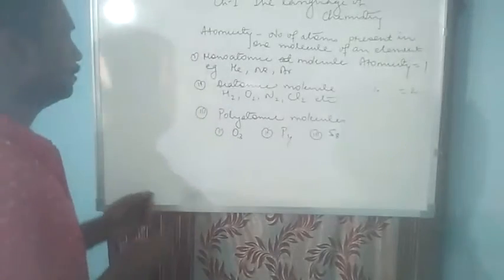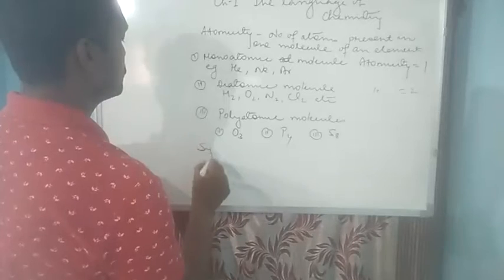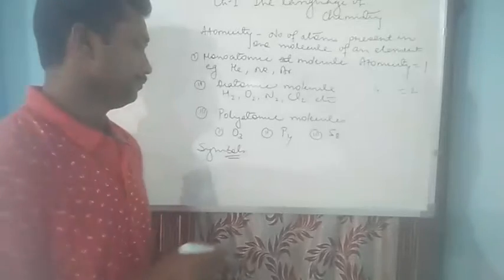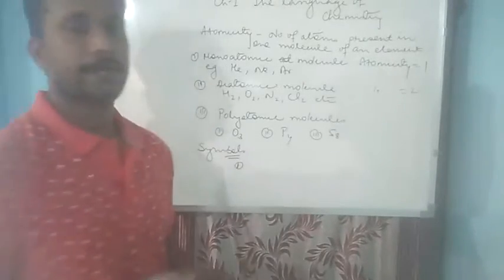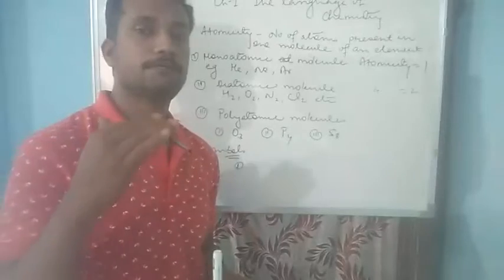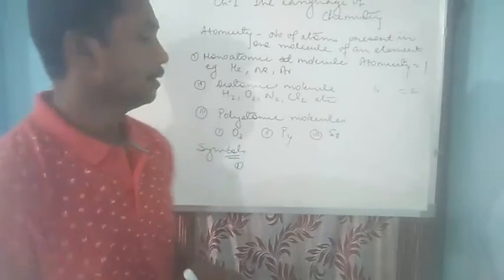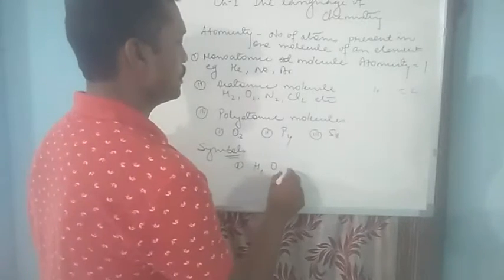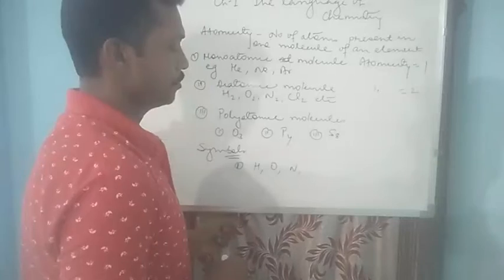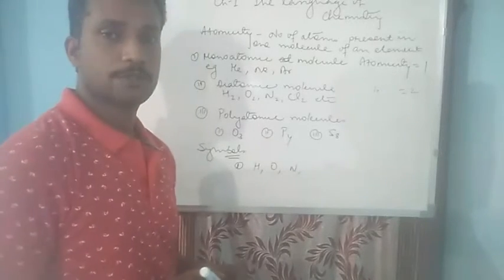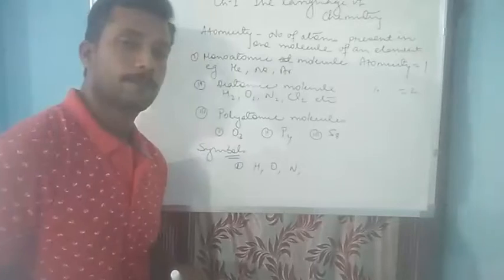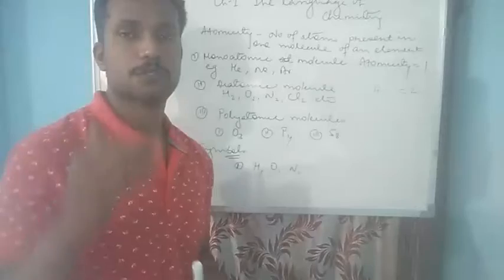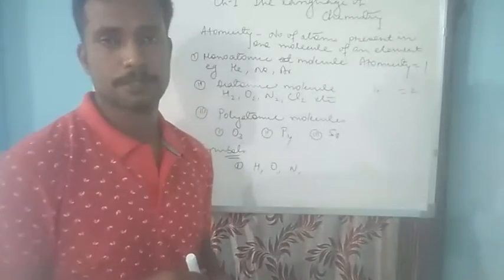Some elements can be represented by writing the first letter as the symbol, like hydrogen, oxygen, nitrogen. You can see only the first letters are used. Now there are a few elements which can be represented by the first 2 letters.